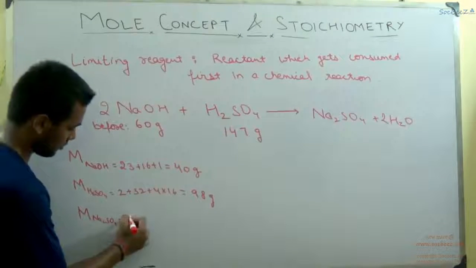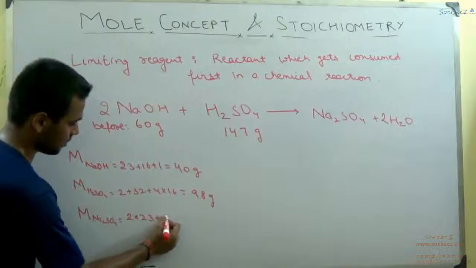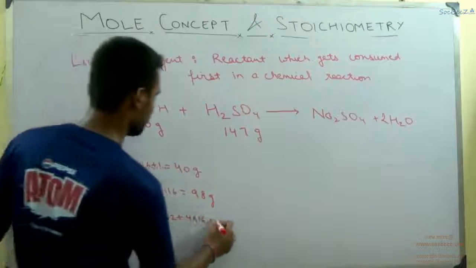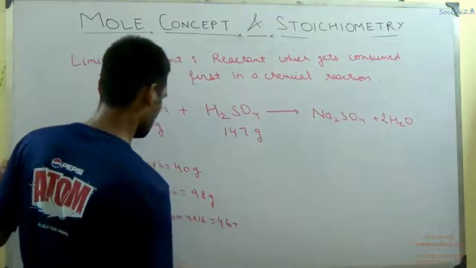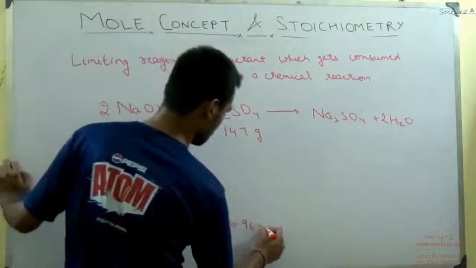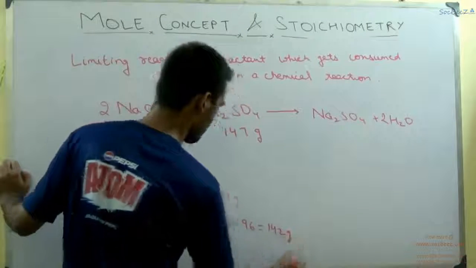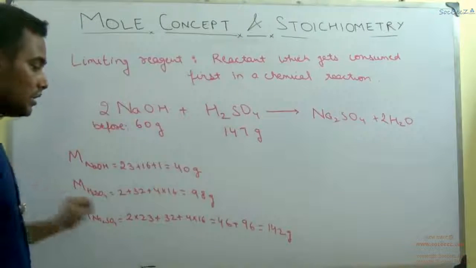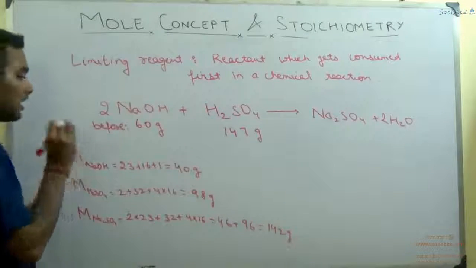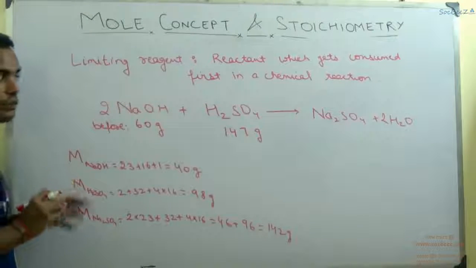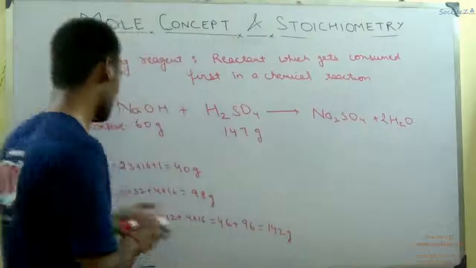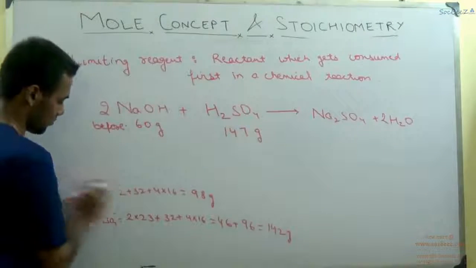This is 2 into 23 plus 32 plus 4 into 16, which is 46 plus 96. This comes out to be 142. So 142 grams is the molecular weight of Na2SO4. At the end of this reaction, we have to calculate the amount of Na2SO4 that we have obtained. Now let's see how to solve this problem.